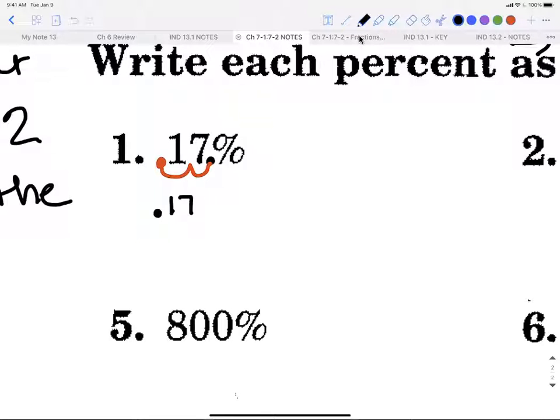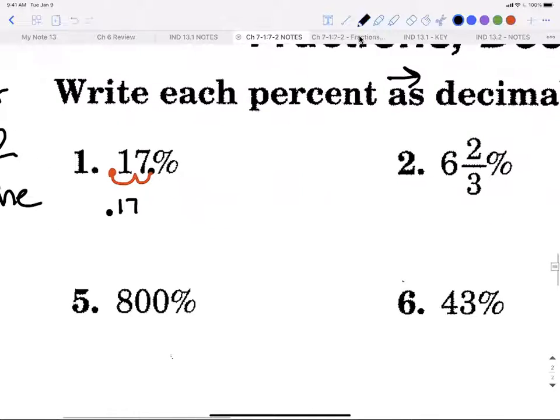And there's a whole lot of math behind that. It's because it's 17/100ths, and that's how you write 17/100ths as a decimal. And if you wrote it as 17/100 and then punched in your calculator 17 divided by 100, you'd get 0.17. But honestly, if you know the shortcut of just moving your decimal, then just do the shortcut. So you do not need to do a bunch of these in your notes.